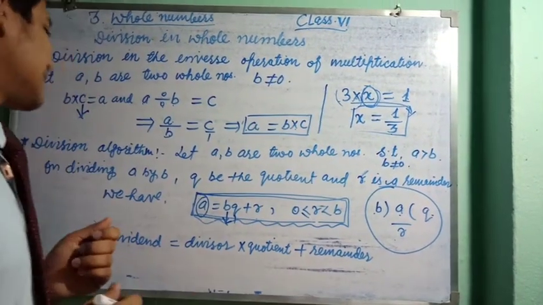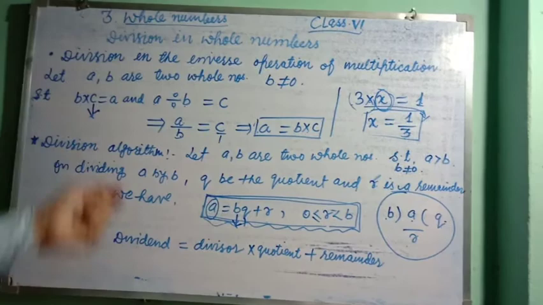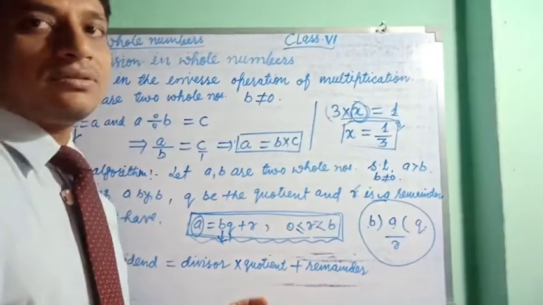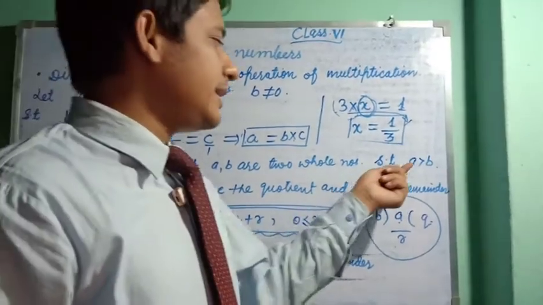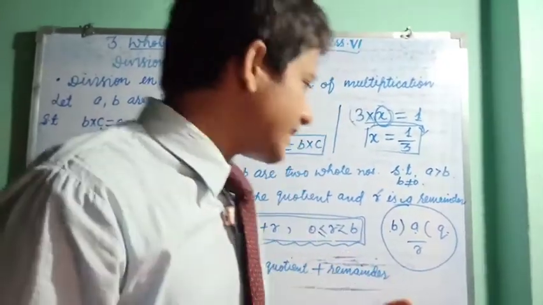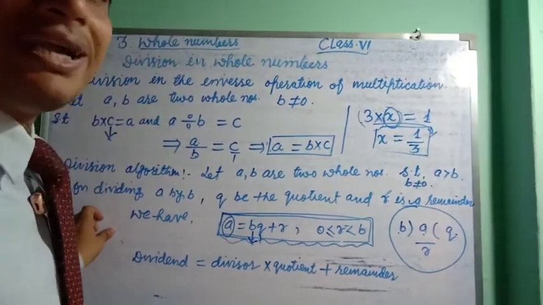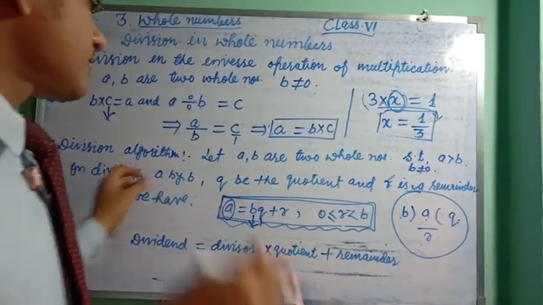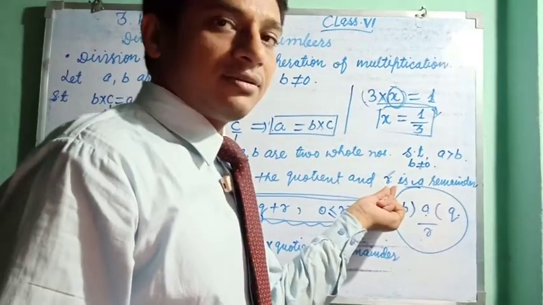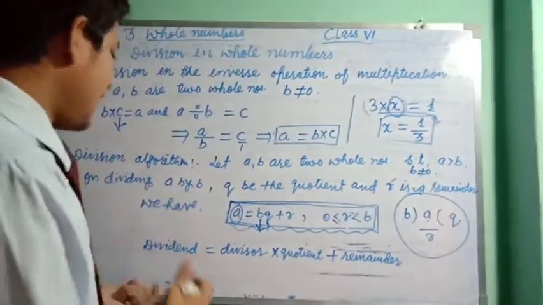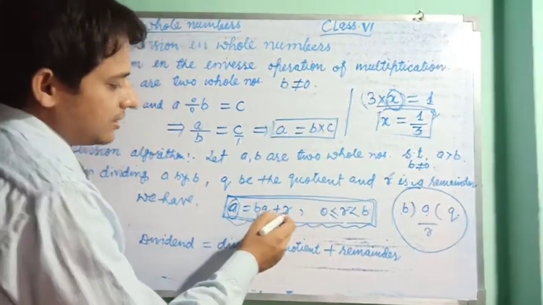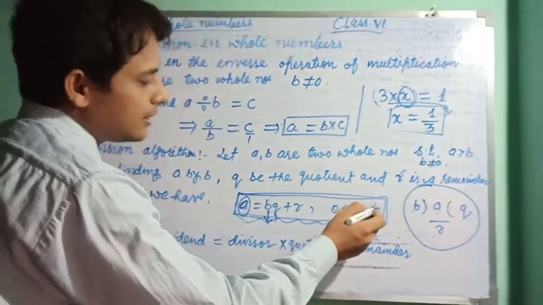Okay, now see the next, the division algorithm. Suppose a and b are two whole numbers such that a is greater than b, where b is not equal to 0. On dividing a by b, let the quotient be q and the remainder r. Then we have a is equal to bq plus r, and 0 is less than or equal to r, which is less than b.